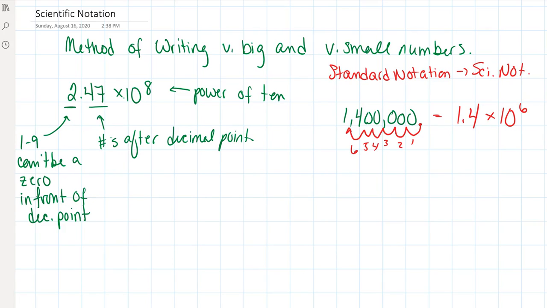We can do this when we go from a bigger number to a smaller number as well. So in this case, we have a really big number that we're shrinking down, even though they're the same thing. In this next setup, we're going to take a look at scientific notation of numbers greater than 1.